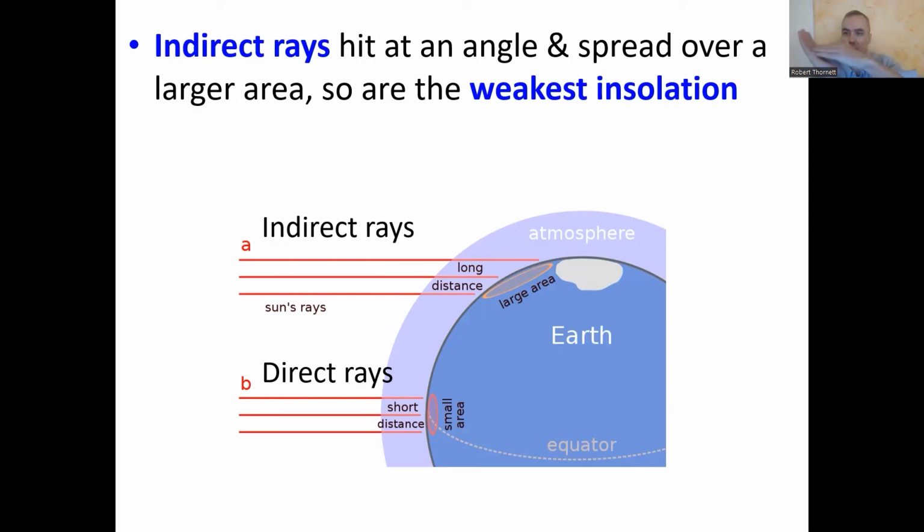The more indirect they are, the more weak they are, meaning the less energy you get if you're standing under those rays. And let's see why that is exactly. It's because if you look at the picture, it's actually very helpful because they have these three red lines of sun, of insolation.